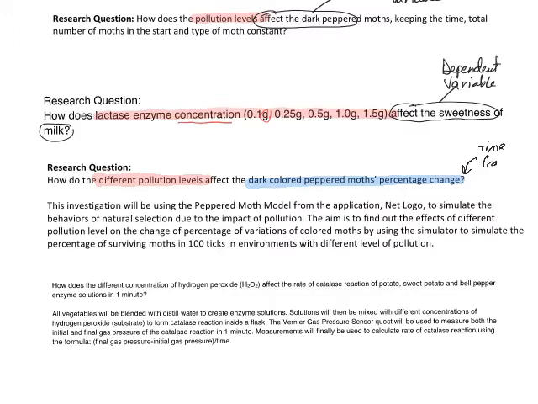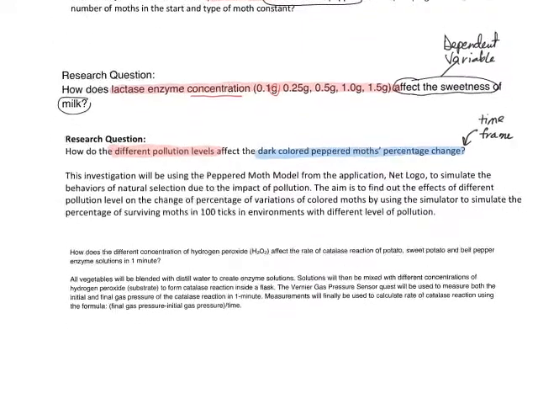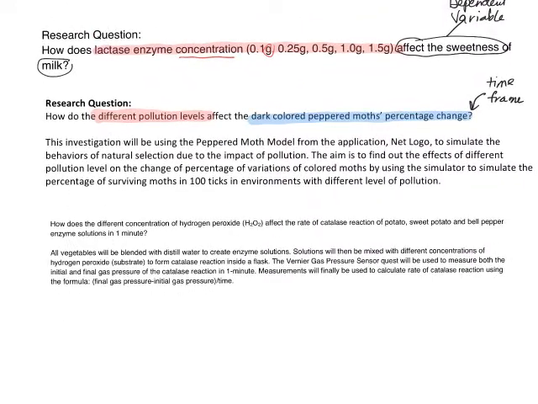They have two sentences afterwards, which is totally okay, and they're giving us a little bit more information. So they're using a simulation, which is fine, and then different simulated conditions over 100 ticks, which is a time frame. So this is a great research question.